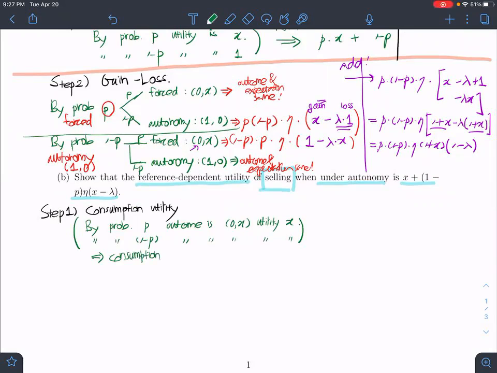Consumption utility is P times X plus 1 minus P times X. You don't need to think in this way. The outcome is the same in every case, so it should be just X. Any questions?